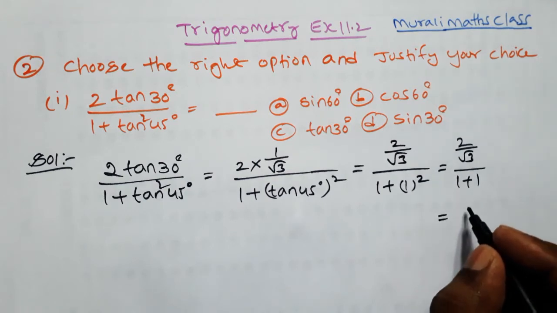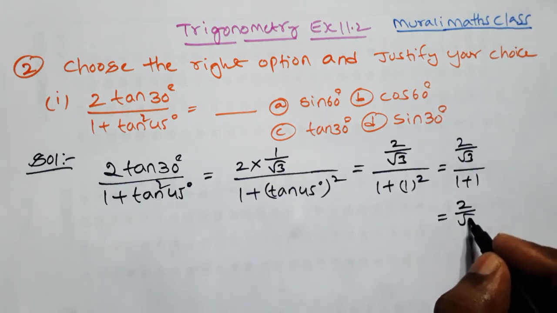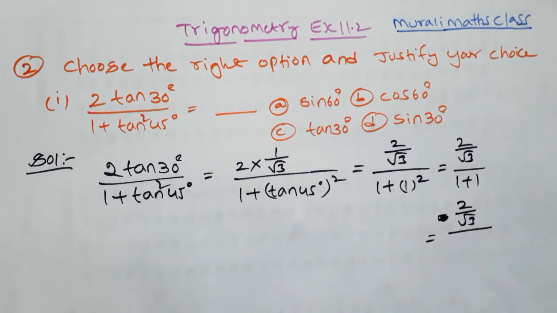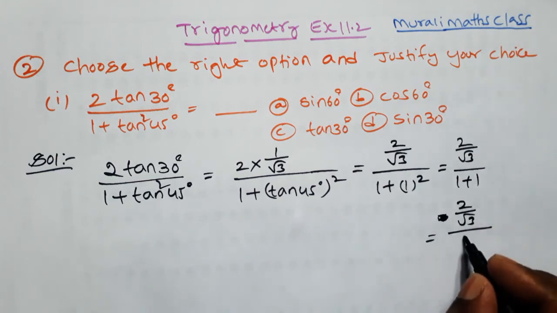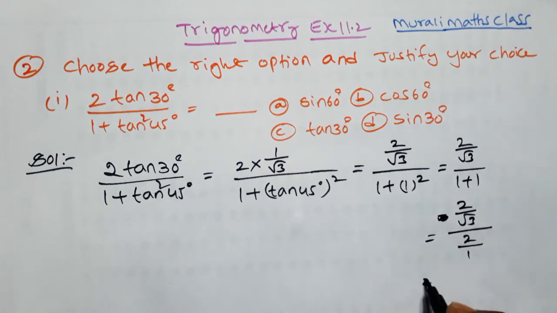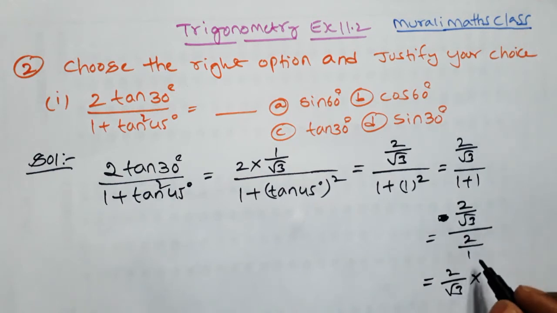Then 2 by root 3 divided by 1 plus 1, 2. 2 is written as 2 by 1. So then 2 by root 3 into the reciprocal of 2 by 1, that is 1 by 2. 2 cancel. So finally the answer is 1 by root 3. That is the answer we will get, 1 by root 3.